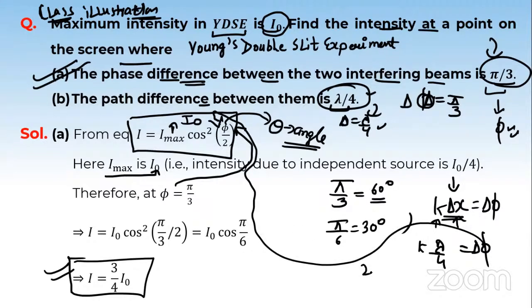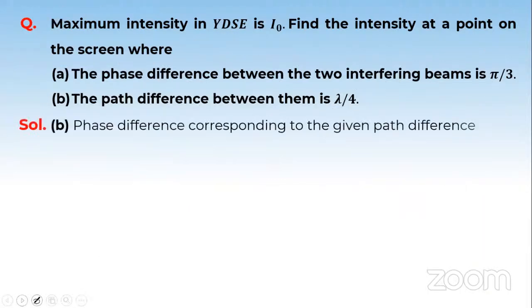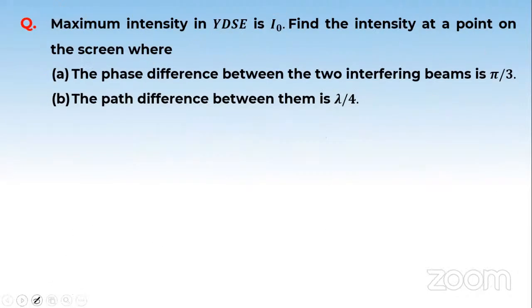So k is already 2 pi by lambda, times lambda by 4. Lambda cancels. Delta phi you will get as pi by 2. So you will put pi by 2 here directly. Cos pi by 2 is how much, students? It's 0. Remember it.